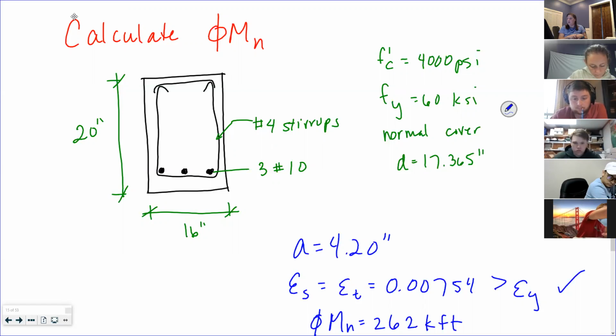It's kind of like when you go back and figure out that your steel hasn't yielded. Now you have to go back and change everything. Luckily, the steel yielded and everything was fine enough to do that. But yeah, this page right here is where we started all of our other problems.